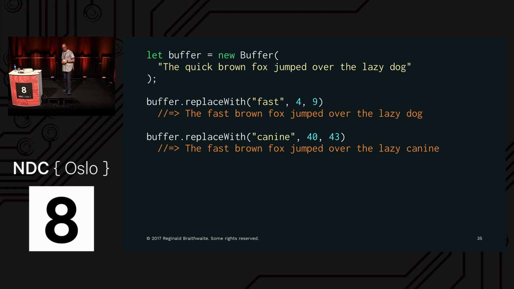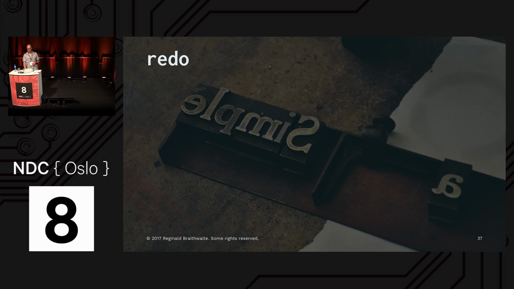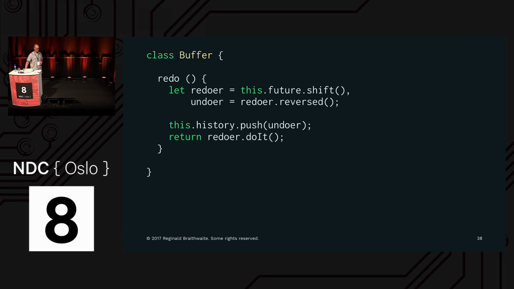So here's an example. We take our buffer. We do 2 replace withs. So now, if you're following along in your head, we have 2 undoers in our history. We can undo twice and get back to the original state. And thanks to our future, we can redo. Here's our redo method, which looks suspiciously like the undo method.